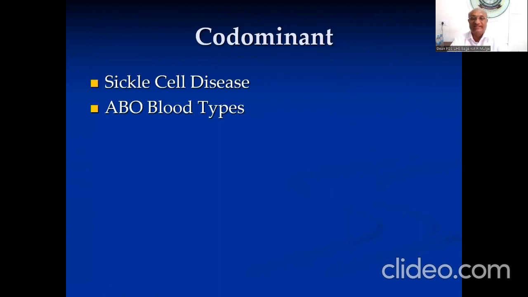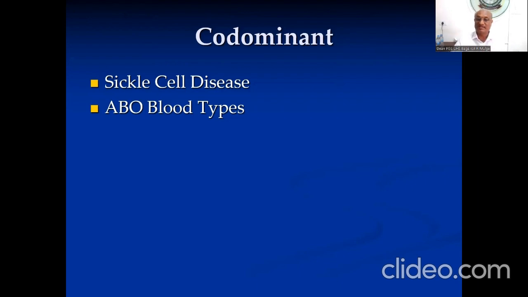That's one more of the conditions of how alleles interact. Everything we are explaining is intra-allelic interaction, right? At one location, whatever gene is there, it is the interaction between the two alleles present in the genotype. First we said dominant, then incomplete dominance, then the third one, codominant: sickle cell disease, and the AB blood group in humans.